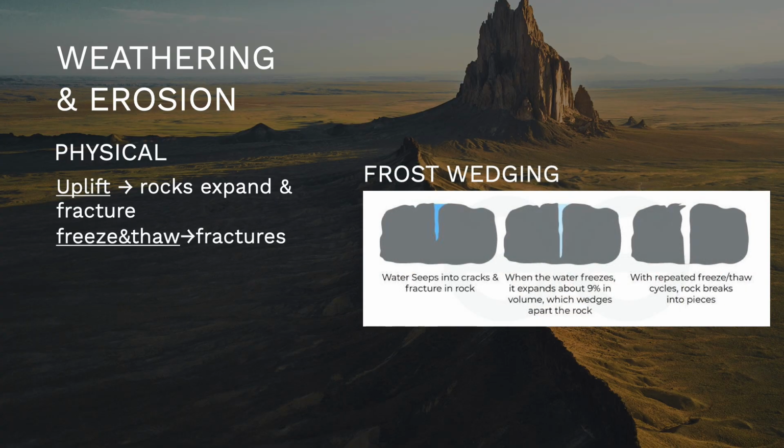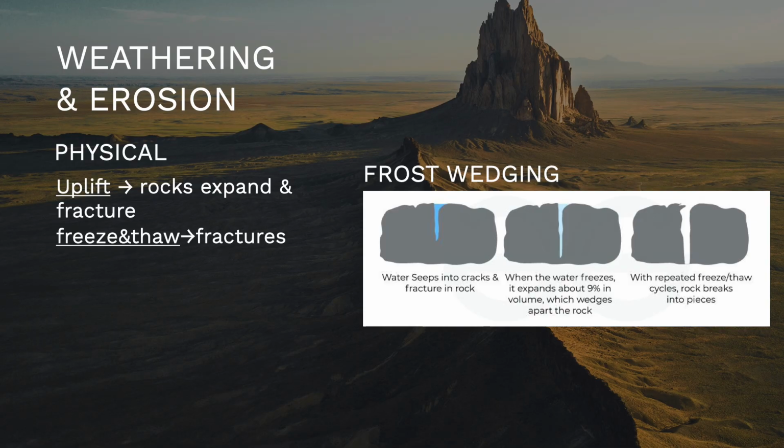Which brings us to something called frost wedging, or the freeze and thaw cycle, which is another component of physical weathering. When water seeps into cracks within a rock, it will fill that crack. If it's in an area where temperatures get cold, that water will eventually freeze.